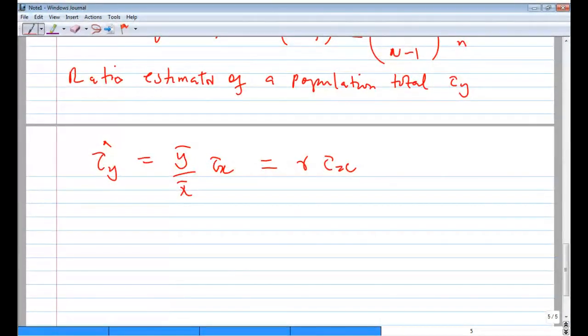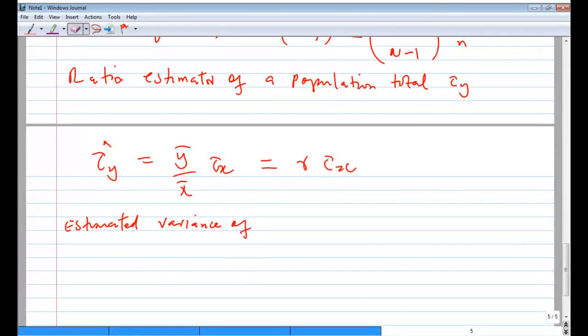So now, what is the estimated variance of that estimator? Sir, what is that thing you wrote after r? It's tau x.